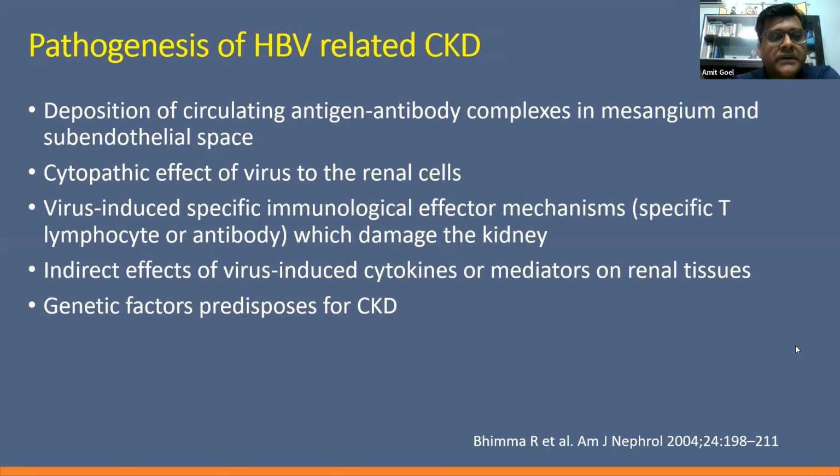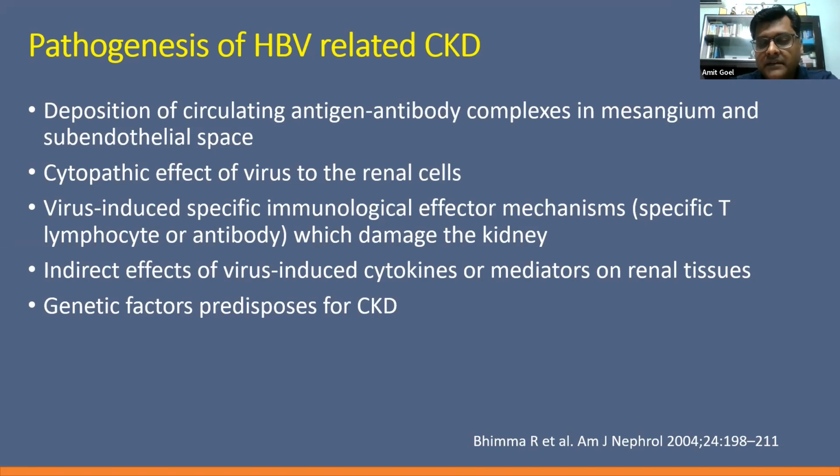The pathogenesis could be related to the deposition of circulating antigen-antibody complexes in the mesangium and subendothelial space of the capillaries. It could be the cytopathic effect of the virus, which is less likely on the renal cell. It can be virus-induced immune response acting against certain antigens located on the renal cells.